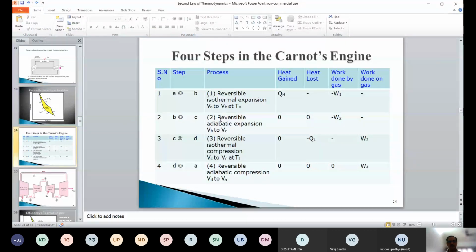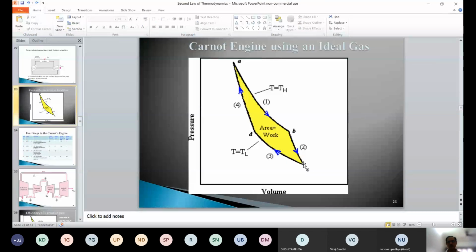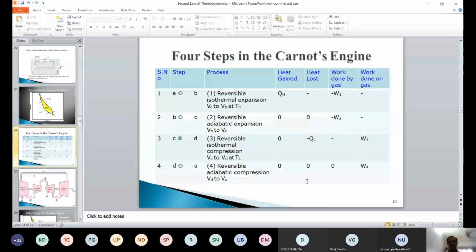Then reversible adiabatic expansion, VB to VC. Again, pressure is getting reduced from PB to PC and volume is getting increased from VB to VC. Then the third step is reversible isothermal compression from VC to VD at low temperature.